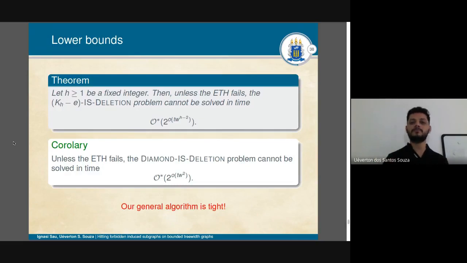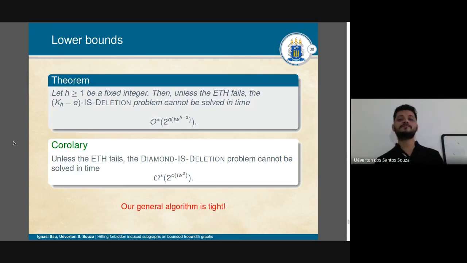Then with that, we prove that assuming ETH, we cannot solve this kind of problem better than 2 to the treewidth to h minus 2.